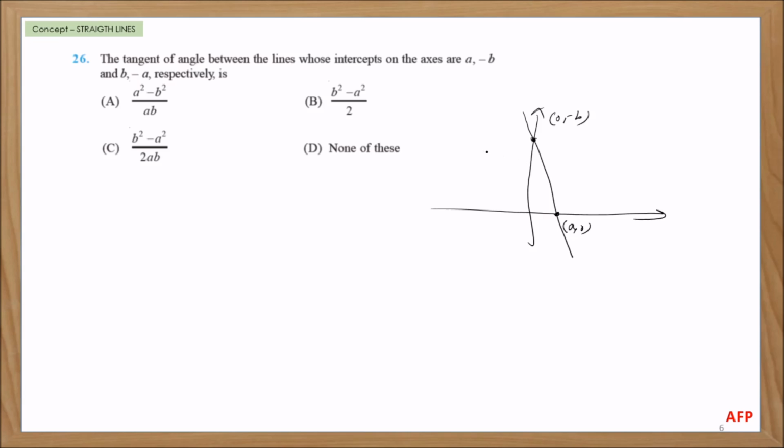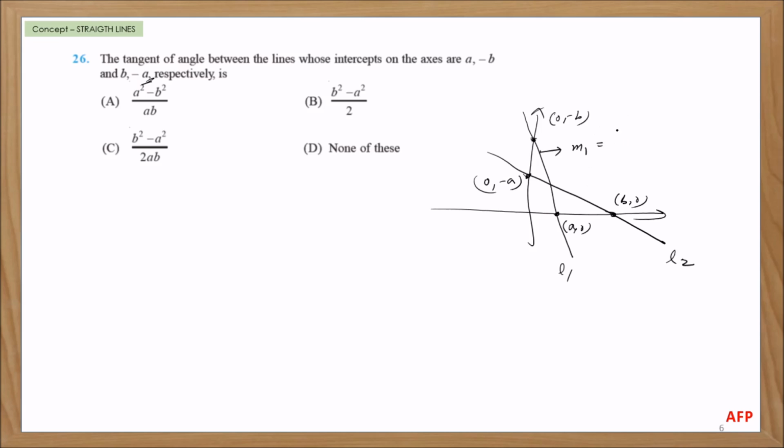One more line is there, which is having x intercept as b comma 0 and y intercept 0 comma minus a. So what is the slope? What are m1 and m2? This is the first line L1, this is L2. The slope of the first line m1 we can write.